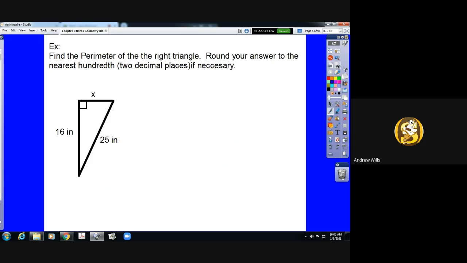Start by finding the hypotenuse and doing the Pythagorean theorem to find the missing side length. That much of it is the same as the other questions that we have already done.